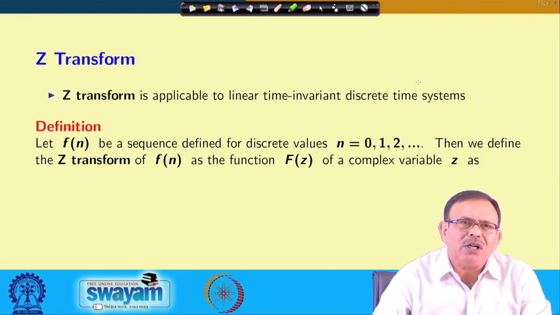Please note that the function f n is a sequence and the Z transform of f n is a function of z, where z is a complex variable.